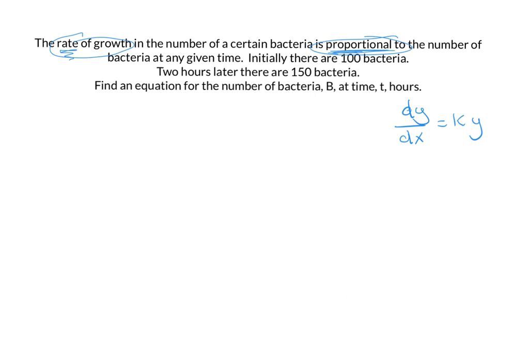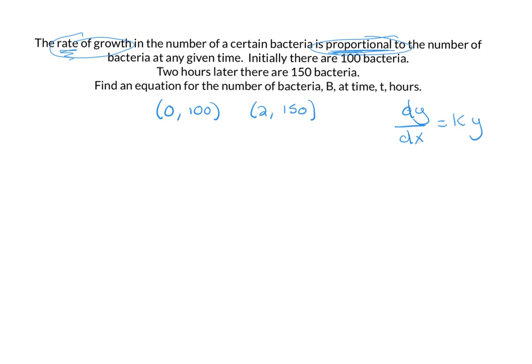Then it says initially there are 100 bacteria. So initial time 0, there's 100. And then 2 hours later, there's 150. Find an equation for the number of bacteria B at time t hours.